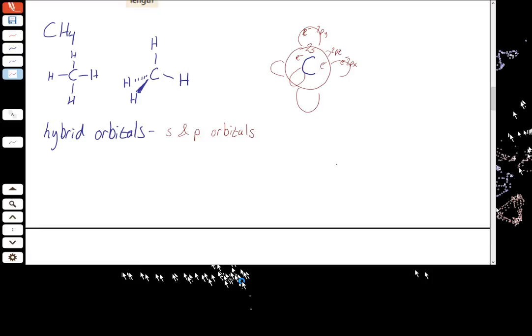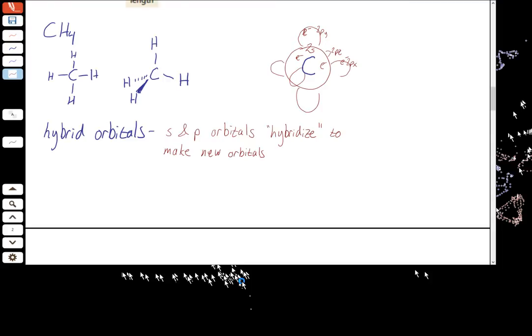And we say that the s and p orbitals hybridize or mix together to make new orbitals that are combinations of s and p atomic orbitals.